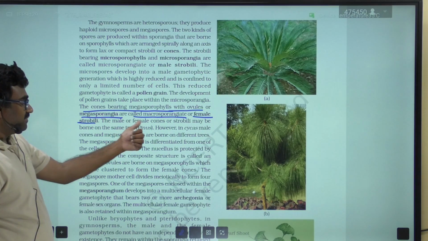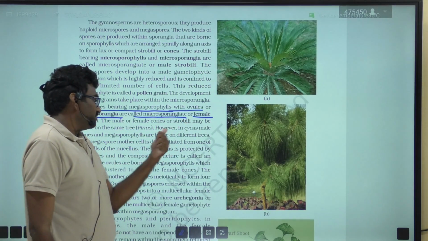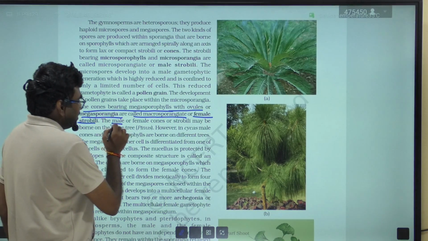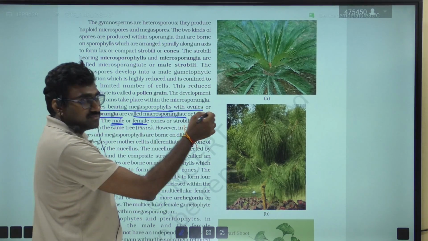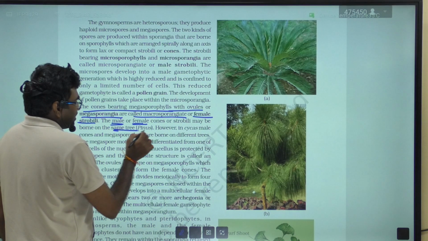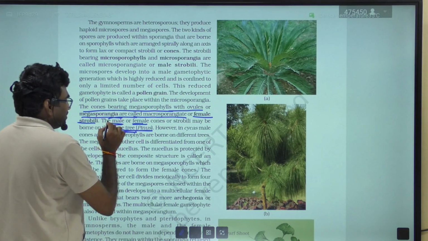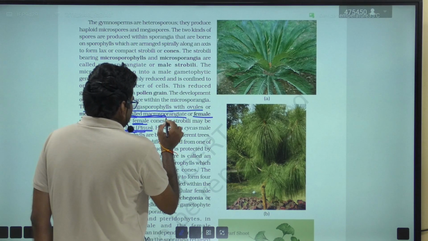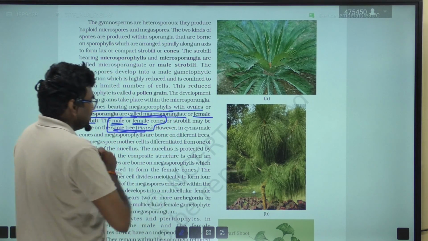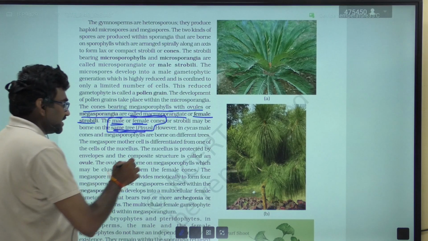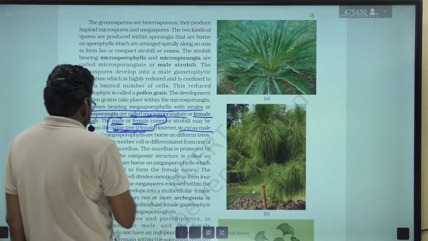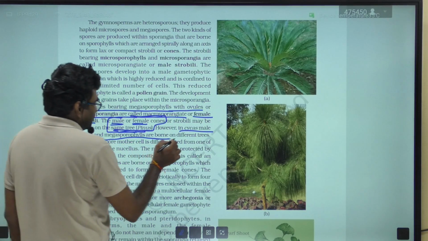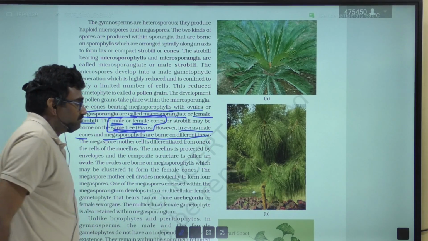The male or female cones or strobili may be borne on the same tree. Example, Pinus, very important. However, in Cycads, male cones and megasporophylls are borne on different trees.